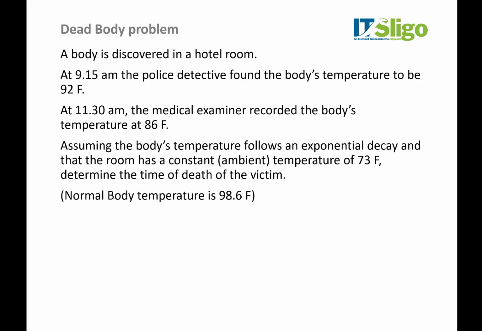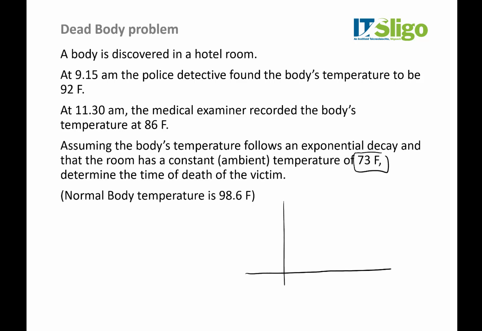But there's a little bit more detail we have to consider. Assuming the body's temperature follows an exponential decay, and that the room has a constant ambient temperature of 73 degrees Fahrenheit, determine the time of death of the victim. This ambient temperature is very important, and we'll discuss it in more detail on the next slide.